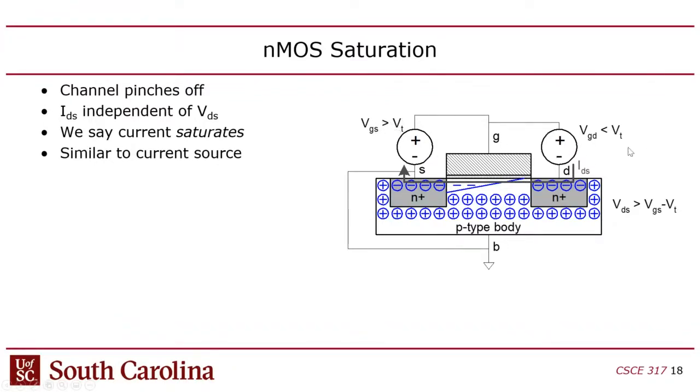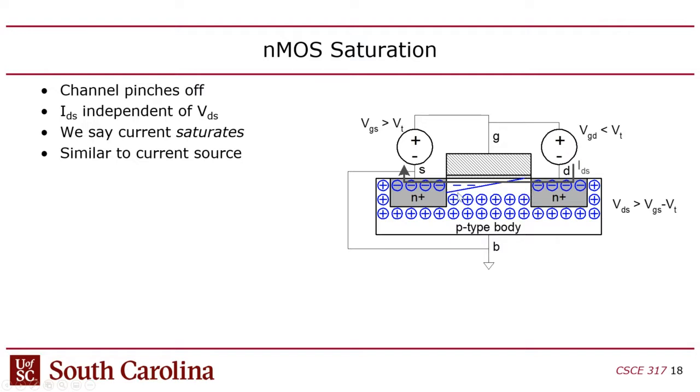But the problem is the higher side, the drain, the gate to drain voltage, ends up becoming less than the threshold. Why? Because the voltage of the drain is so high that the difference between the gate and the drain is no longer hitting the threshold, right? So it pinches off the channel.